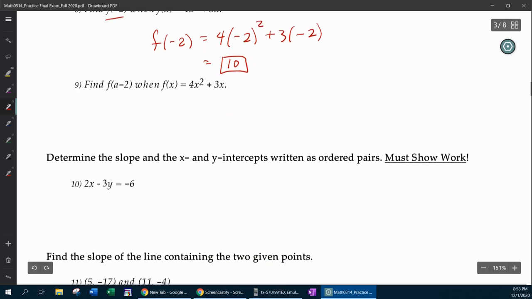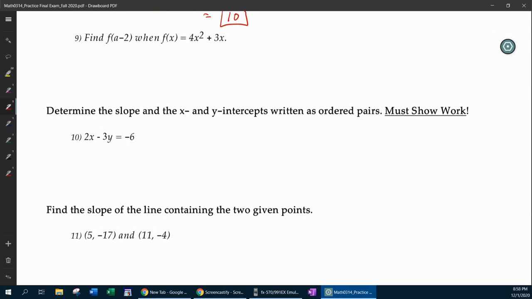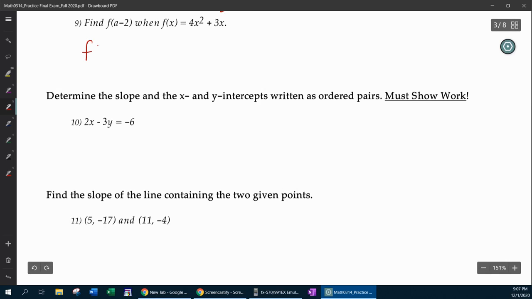Now, for number 9, it says f of a minus 2. And since this is a binomial that we're going to be substituting, we can't use the calculator. F of a minus 2 is 4 times a minus 2 squared plus 3 times a minus 2.